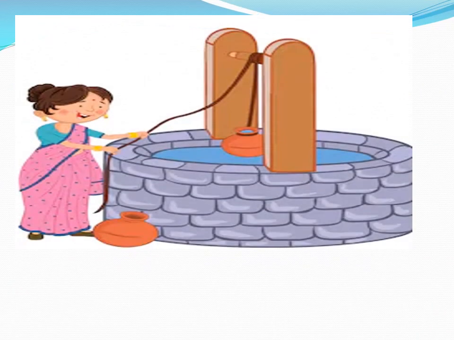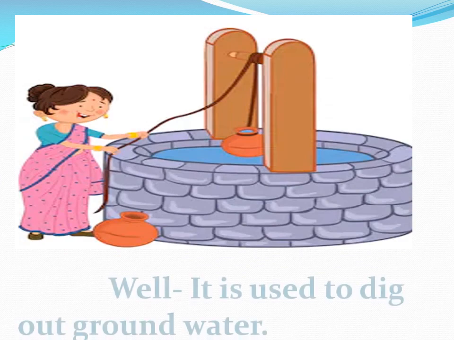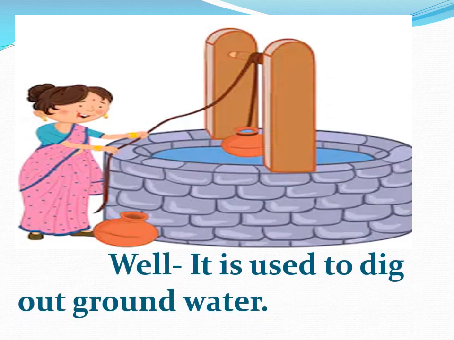Now students, tell me, what is this? Yes, this is a well. A well is an example of groundwater. As we learned, most of the rainwater seeps into the ground. So, to take the water out, we need to dig wells.